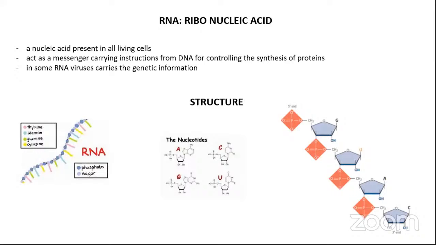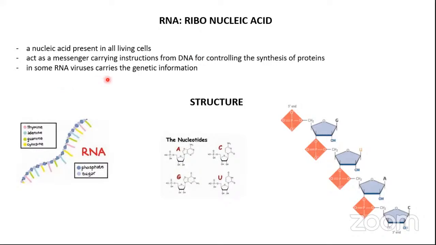So what is RNA? RNA is nothing but ribonucleic acid, which is present in all living cells. It acts as a messenger, meaning that it carries the information from DNA to the cells to code for the protein, which performs the functionality of a cell of a human being or any organism.